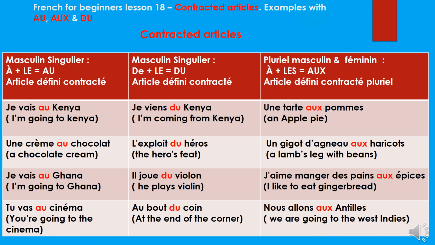Because L apostrophe means le, the E has been removed. That is an article. But with the E removed, because we have a vowel, and you know that rule. By now, you should know that rule. So it means the hero's feat. So you see there, it means the feat of the hero.